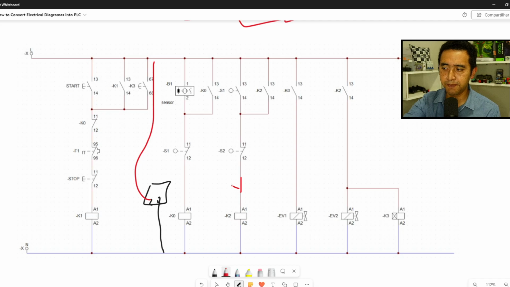Why we can get this and put it in a PLC. How many inputs, how many outputs we need. That is why we are here. That is what I hope to tell you about, how we do this.